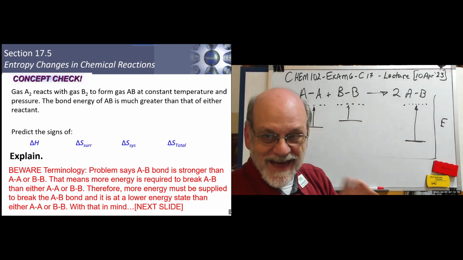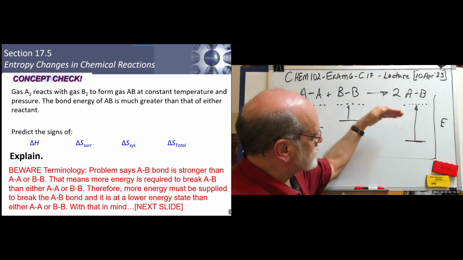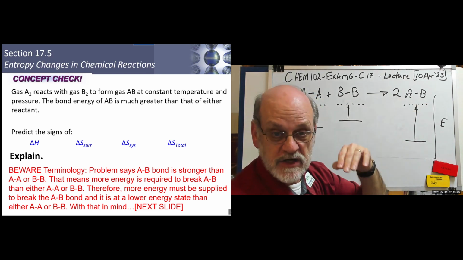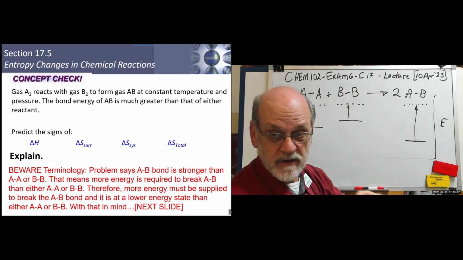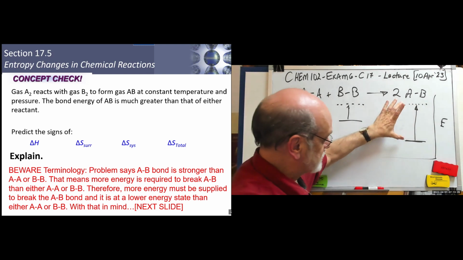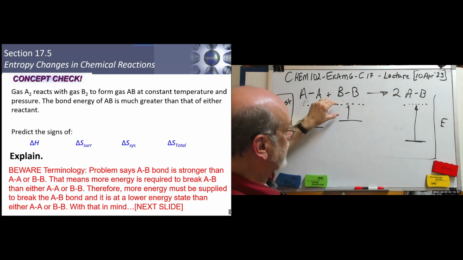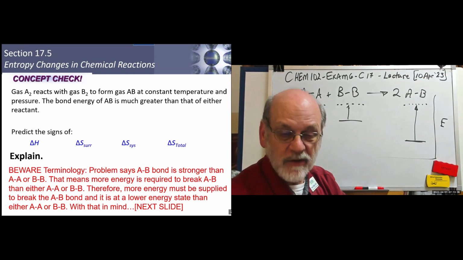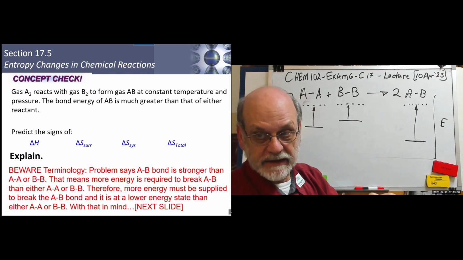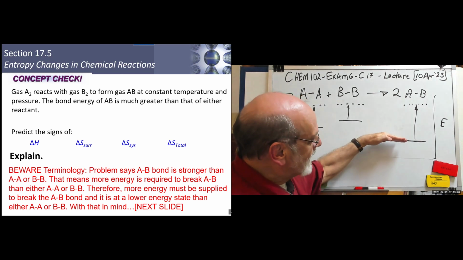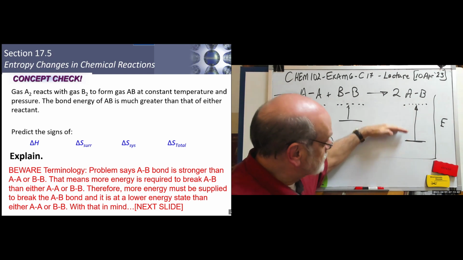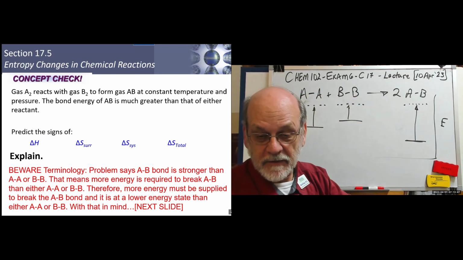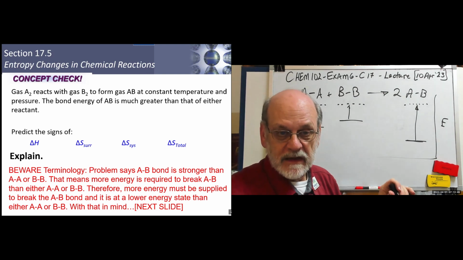So when we look at it that way, the bond energy of AB is much greater than that of either reactant. This bond energy is greater than these because bond energy means the amount of energy it takes to break the bond. So if its energy level for this bond is down here, it takes more energy to break it than it does for these two. Okay, that's what that means.